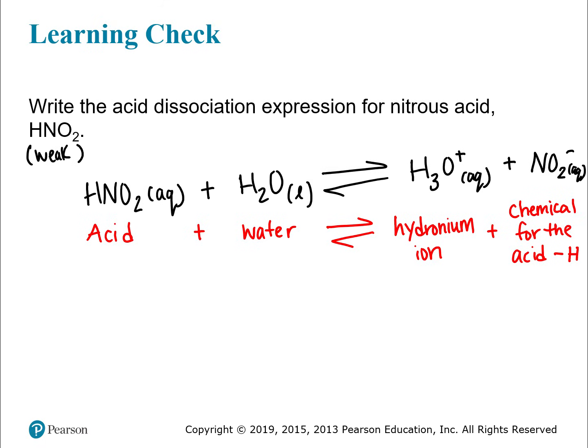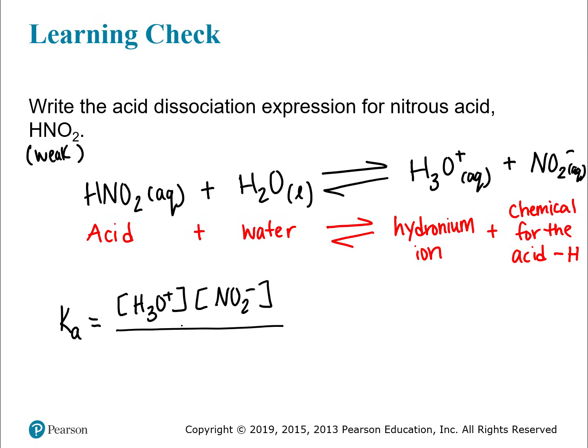While you're thinking about that, we're going to write out the expression, because what we just did was write out the equation, right? This is a chemical equation, but we need the acid dissociation expression, which comes from the equation. We put our products on the top. And on the bottom, we only put the acid because we don't care about the water.